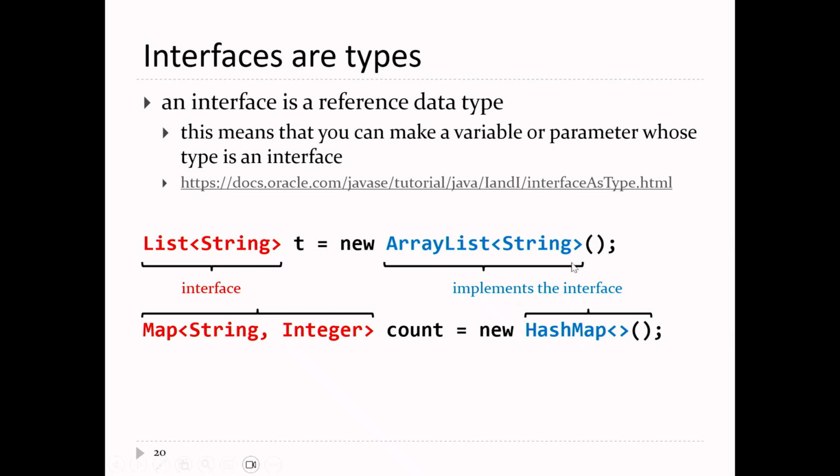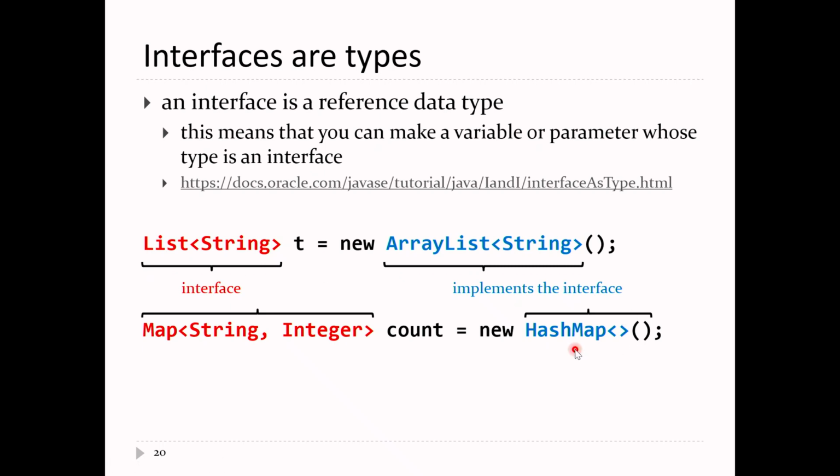And so you can substitute an ArrayList where you need a list, and you can substitute a HashMap where you just need a plain old map. Similarly, you can substitute a TreeSet where you need a plain old set. This all works because types in Java have more than one type. The ArrayList class, one of its types is ArrayList, another one of its types is this thing called list.